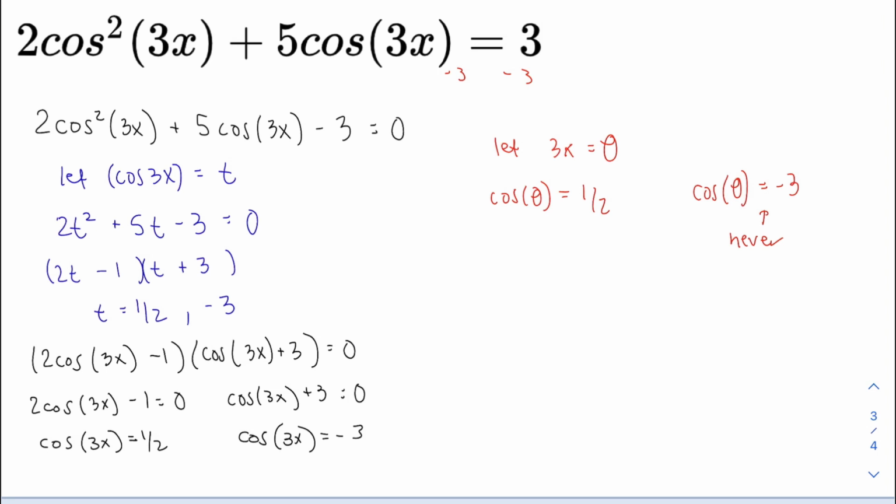So that doesn't give us any solutions. So then we think about where cosine is 1/2. Cosine is going to be 1/2 when I just barely go over, both going up and going down, right? Cosine is positive in quadrants 1 and 4. So that gives me that theta equals pi over 3 and 5 pi over 3. But notice I wasn't given a restriction on this.